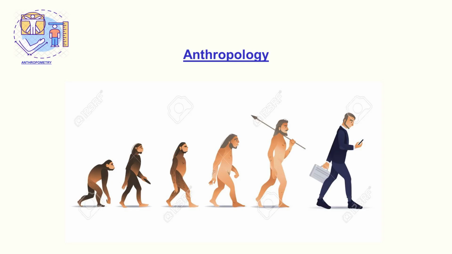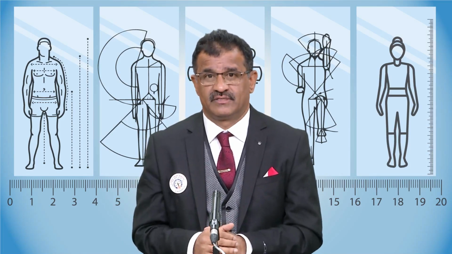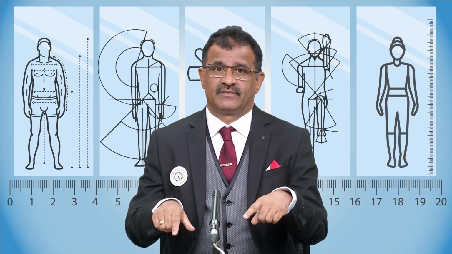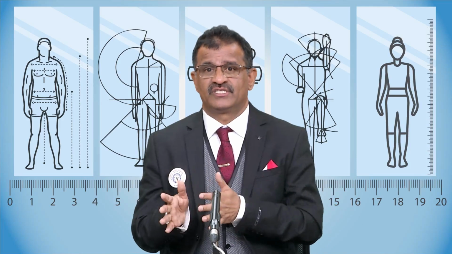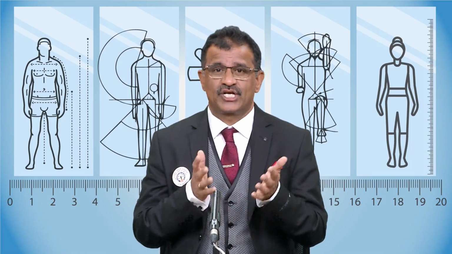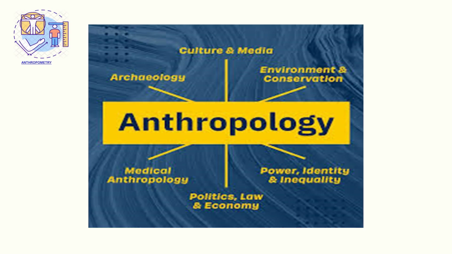Well, as I said earlier, anthropology also includes archaeology, and archaeology is related to anthropometry, including medical anthropology, politics, law and economy, power, identity, inequality, environment and conservation, culture and media.